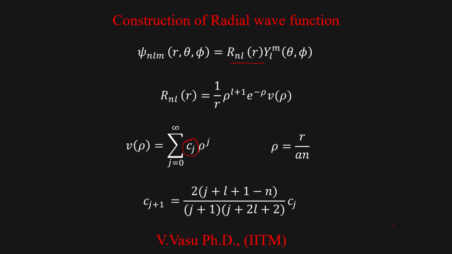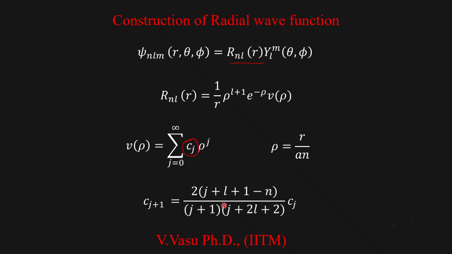By definition, c sub j plus 1 is equal to 2 times (j plus l plus 1 minus n) divided by (j plus 1) multiplied by (j plus 2l plus 2), times c_j.